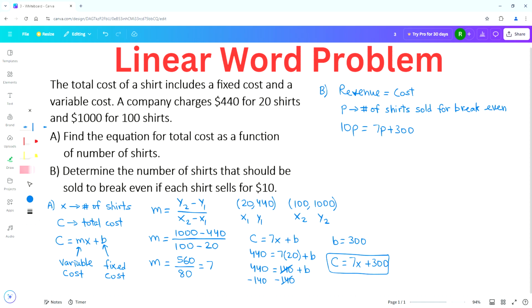We can combine the P terms on the left side of this equation. We should subtract 7P from both sides. Next, we can divide both sides by 3.